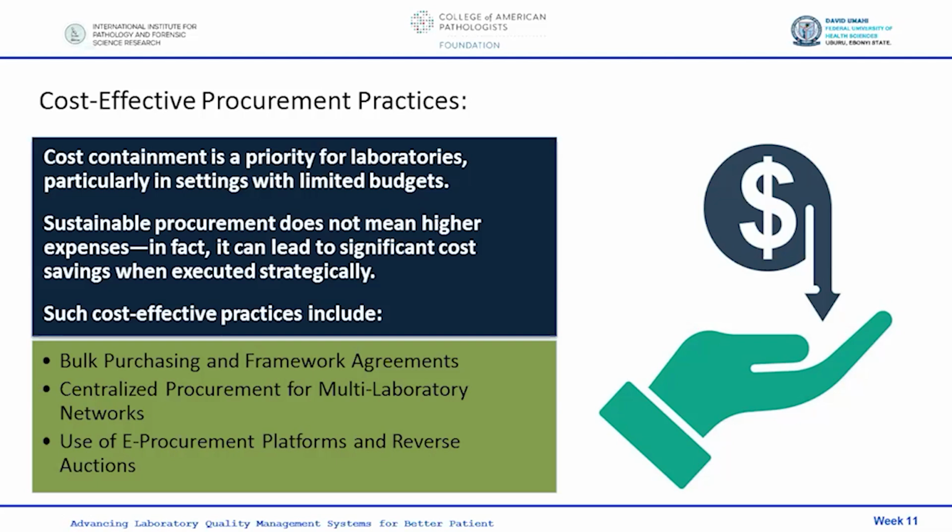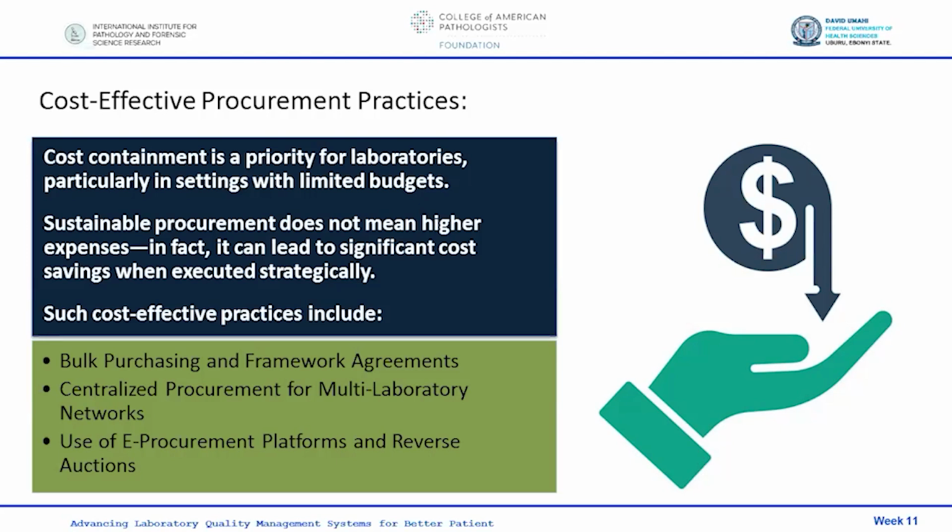Okay, when you're purchasing your reagents and consumables in bulk, it will enable you to have a volume-based discount, and it can also reduce administrative overhead. Framework agreements can secure favorable pricing over time and also minimize repeated tendering processes.